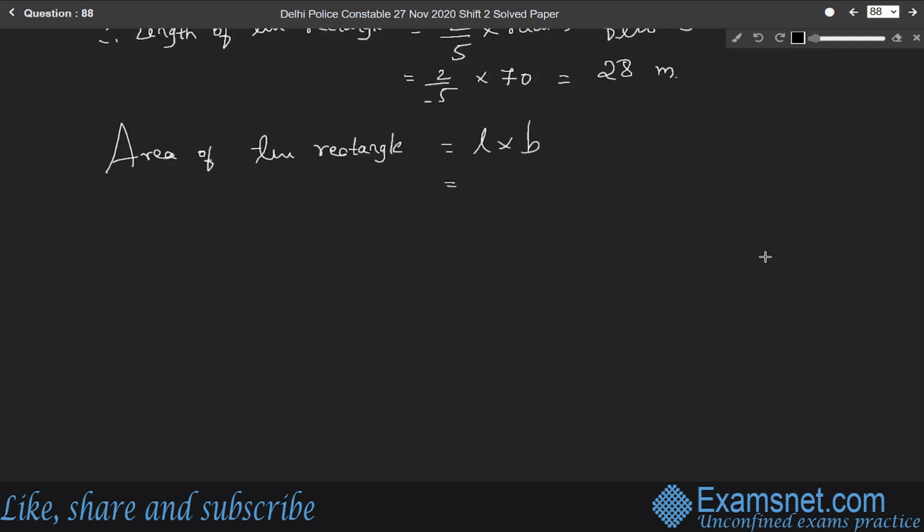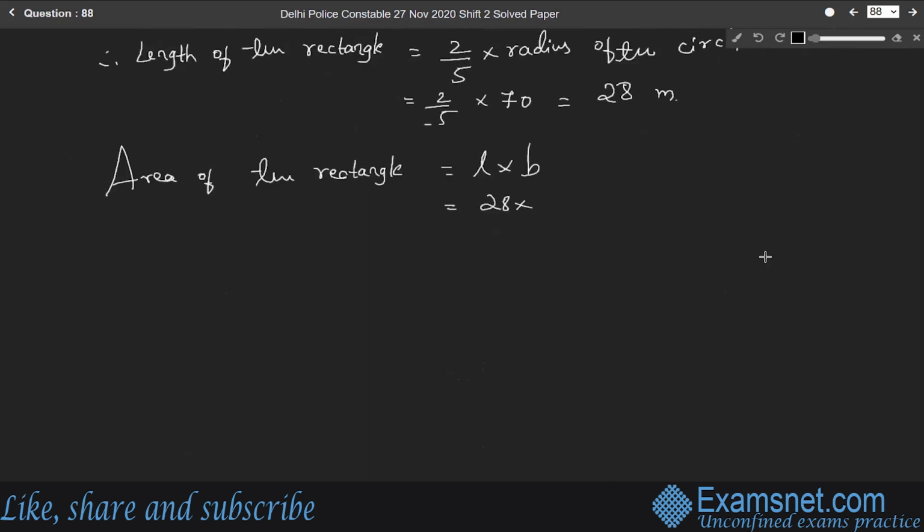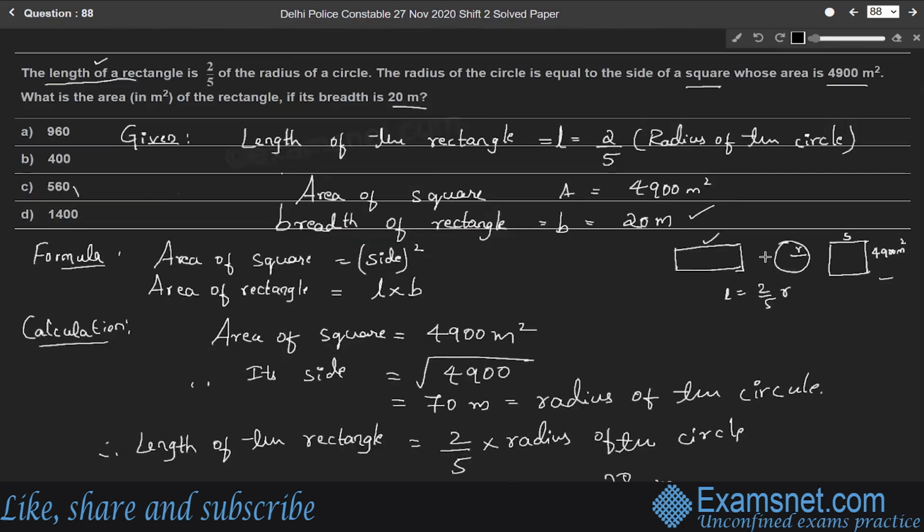So the length is 28 and the breadth is given already, 20 meters. Therefore, it is 28 into 20, 560 meters square. Therefore, the answer is option C, 560.